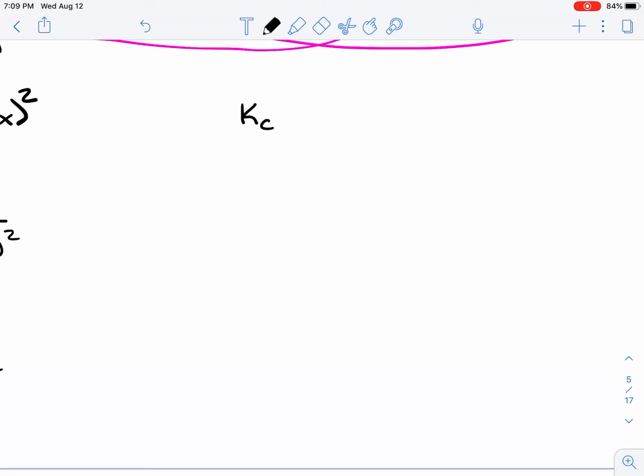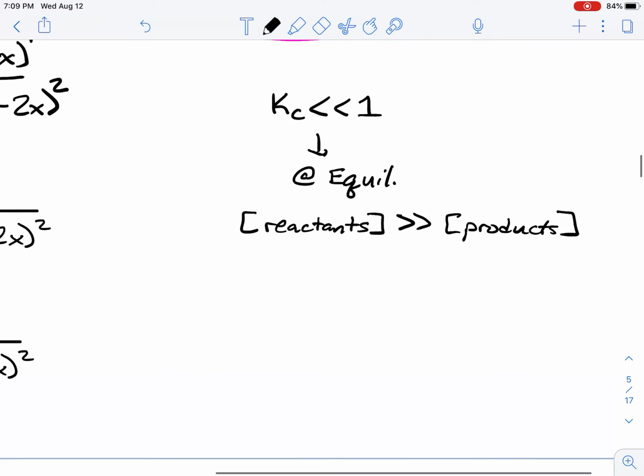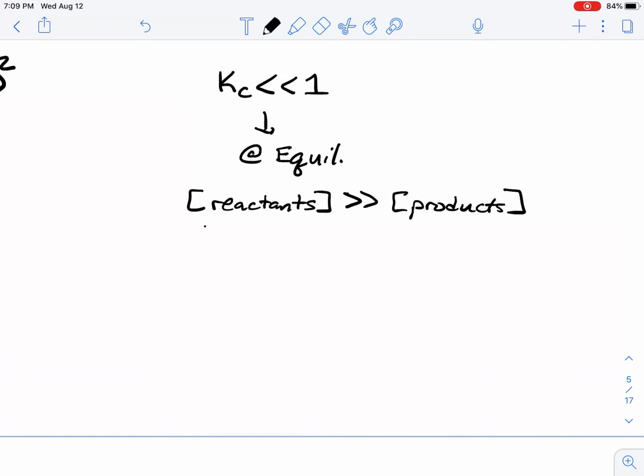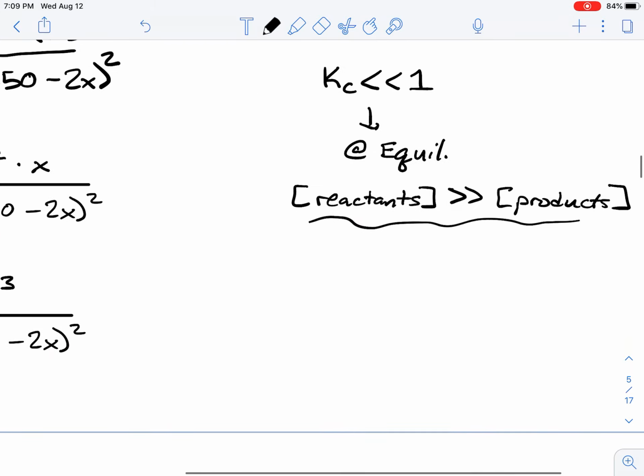If the Kc value is far, far less than 1, then that means that at equilibrium, the concentration of reactants is far, far greater than the concentration of the products. And it is this concept that will allow us to approximate our denominator.